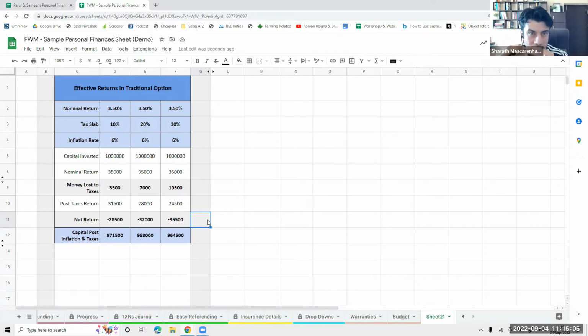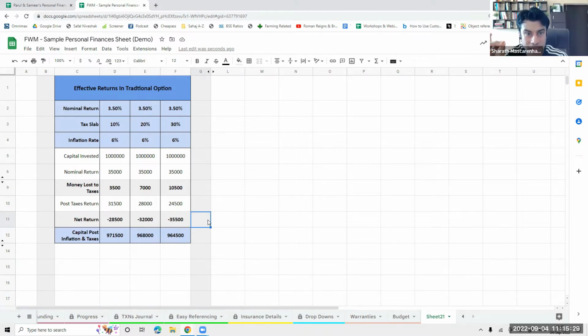See, what we need to understand when you have your money invested is, are you getting real, or rather tax adjusted real returns? Is that in the positive? What does that mean? If any instrument that I've parked my money in is earning me 10%, how much am I losing in taxes?